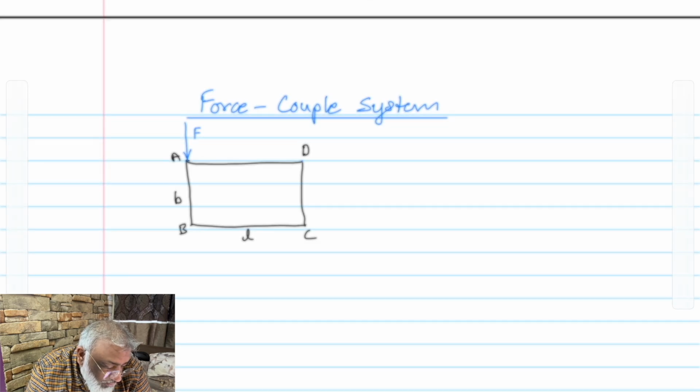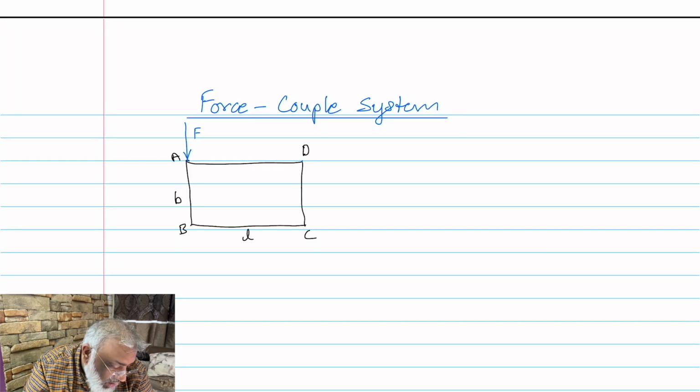So what do we do? Our requirement is that this F should act on D. So we simply take this force F and we apply it on D. And at the same time, to nullify this additional force, we also apply another force F in the opposite direction. So this force and this force, they cancel out each other. So the problem has not changed basically.